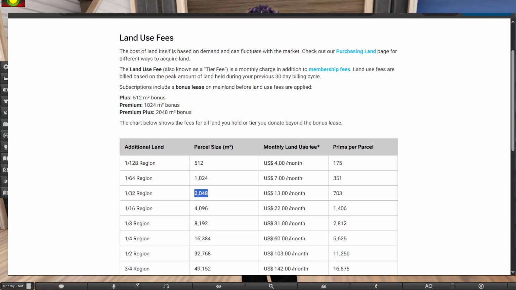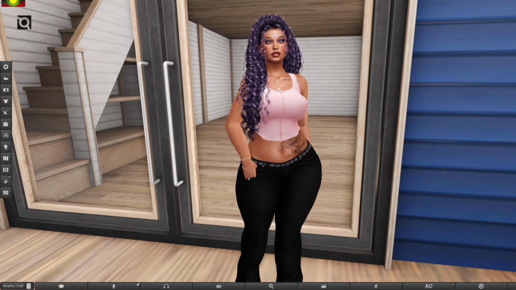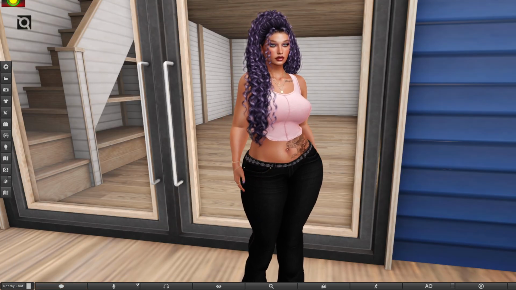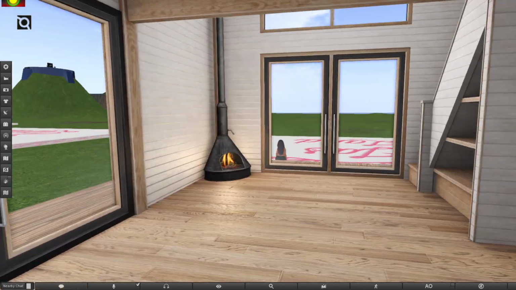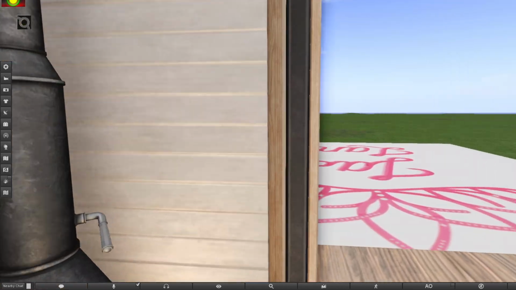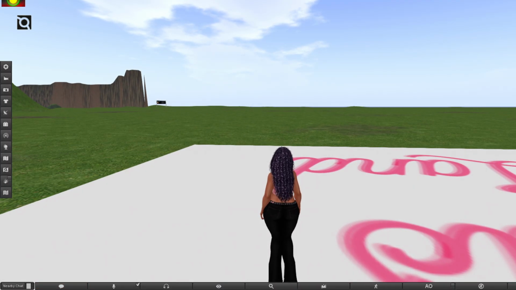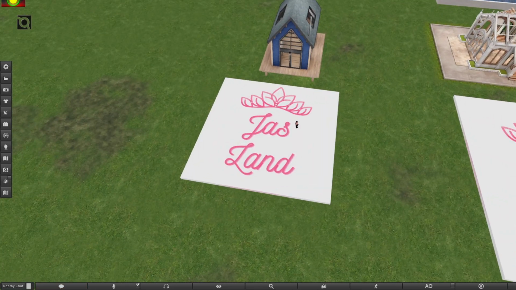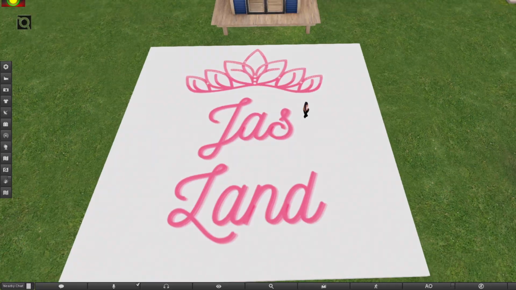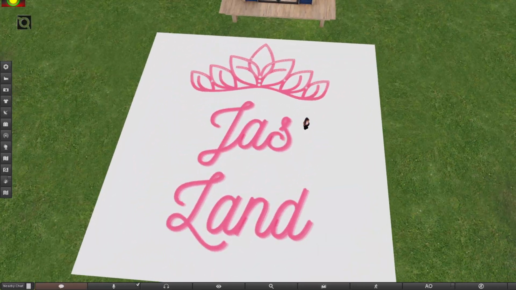Okay. So if we go over here, I have rezzed out some land sizes to show you the comparison, along with some houses to kind of give you an idea. So this is a 512 parcel. See how little I am? This is a 512.